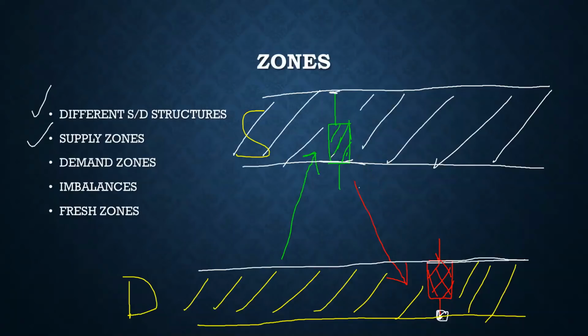So let that sink in for a moment, since we've now dealt with supply zones and demand zones. And then now I'll hop into imbalances. Hoping you guys have either taken a screenshot of this or drawn it just as I've drawn it. Now we'll go to the second part.